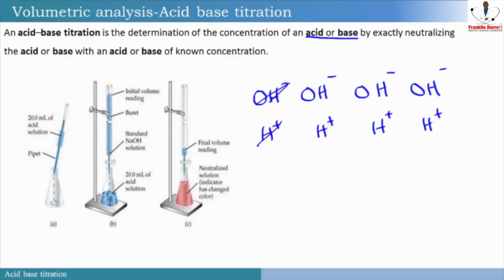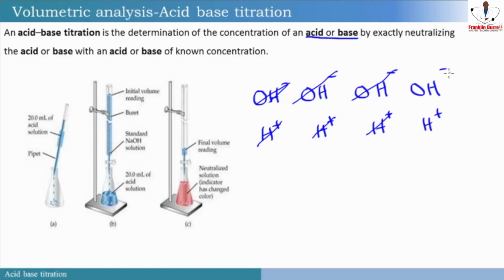So the solution inside the flask here is still predominantly acidic. I drop another drop of base into the flask. That base would neutralize another acid. It is still colorless because I am still acidic, shown here by the H plus ions. I drop another one, neutralize another acid. I have one H plus left, so I am still colorless in terms of my indicator because I am still acidic.